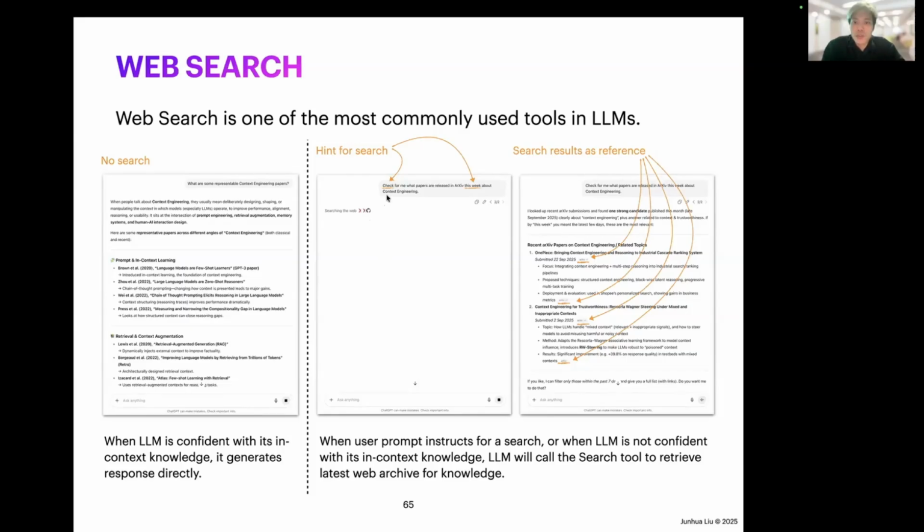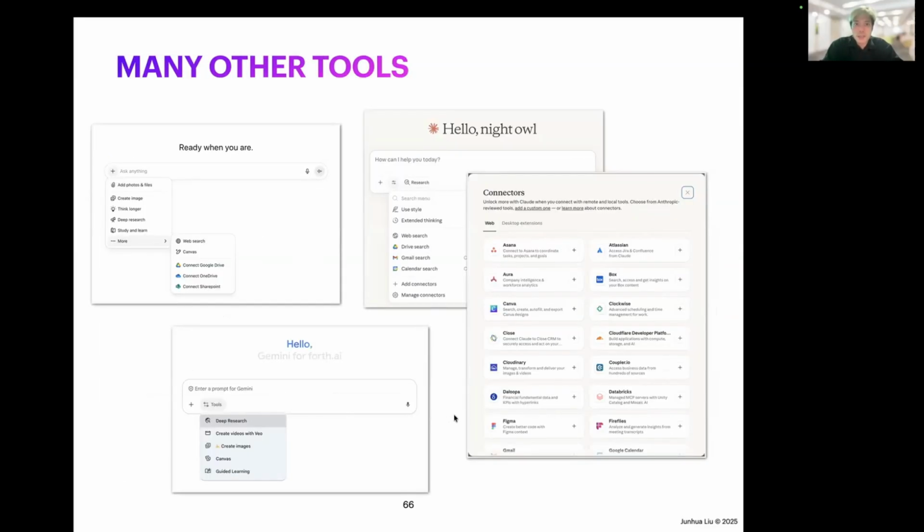But let's say we use some keywords that hint the LLM to do a search, like here, we ask the LLM to check for me what papers are released on arXiv this week. All these are hints to trigger LLM search. The LLM indeed performs its search on the website, and it will summarize the findings with links to the sources to generate its response.